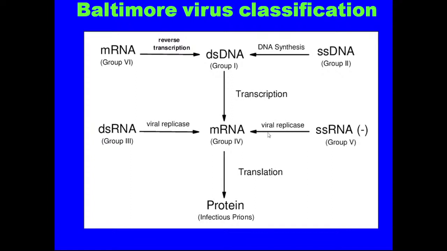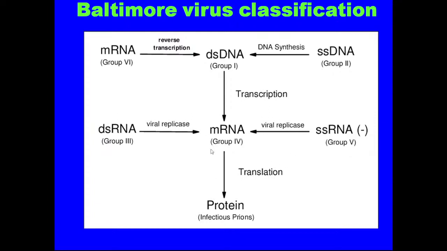So they need to keep this viral replicase, or RNA-dependent RNA polymerase, as a structural protein inside the virion. So the first step will be transcription from minus sense RNA into positive sense mRNA, and then the mRNA will be sent for translation to proteins.